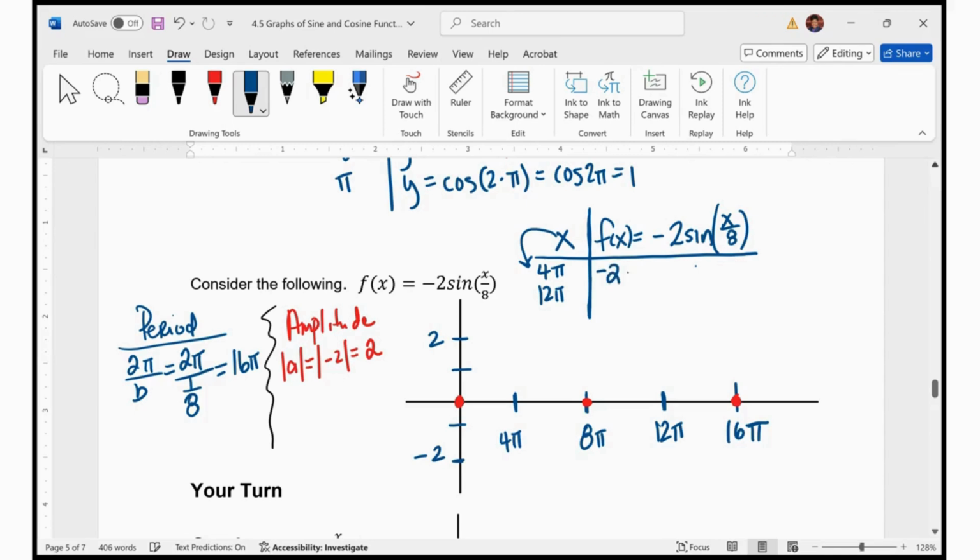Nice. So that's -2 times sine of pi over 2. What's sine of pi over 2? 1. -2 times 1 is -2.